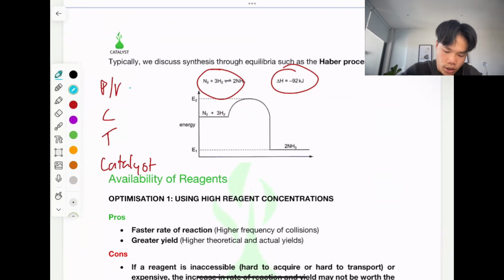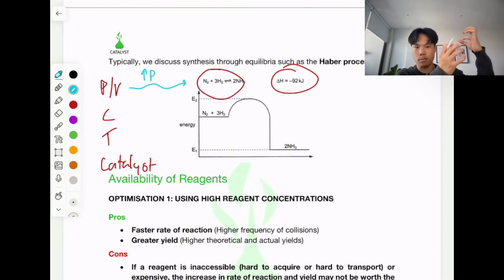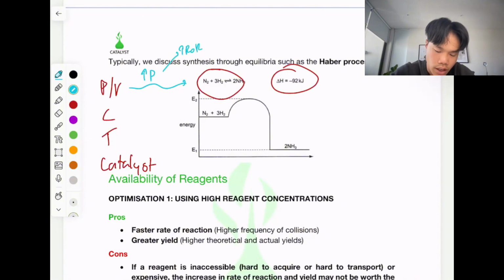If you change pressure or volume, you're always trying to increase pressure, pretty much, to as high as possible without going to an extreme pressure, because in synthesis, you're typically combining more moles into less moles. So that would not only increase rate of reaction from having a higher frequency of collisions, it would also increase yield because the reaction will want to shift to the right to decrease pressure.